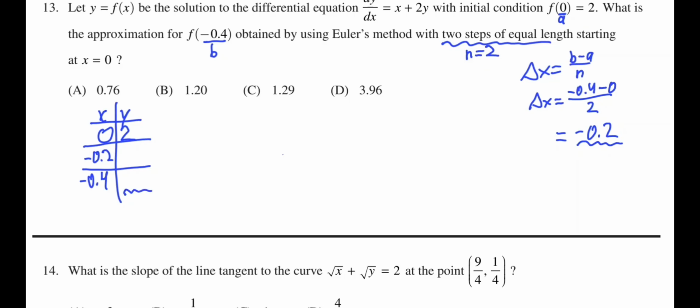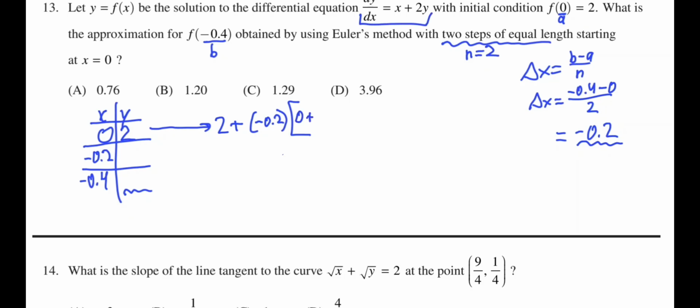So to get the next y value that comes after 2, let's take the first y value of 2, this 2 over here. Then let's add to that our delta x, which is a negative 0.2. And then multiply that by plugging in this 0 and 2 in place of the derivative function, which is x plus 2y. So the x is a 0.